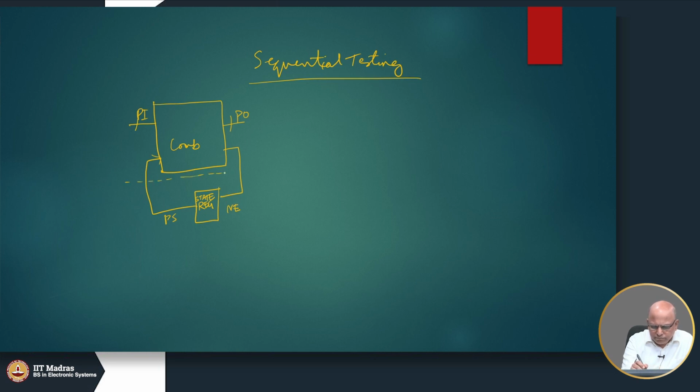If you are interested in looking at the combinational part, pretending that these are primary inputs and pretending that these are primary outputs, you can sort of write something like this. You can say combinational logic, primary inputs, primary outputs, next state, previous state.